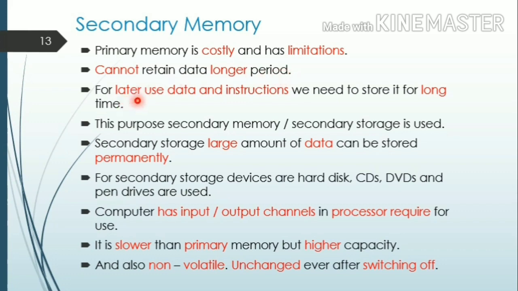But if we want data and instructions for later use, we need to store them for a long time. Suppose today I have work and tomorrow I need the same work, so I have to retrieve that information for later use. Okay, so how is it possible? Let us check. For this purpose secondary memory and secondary storage are used.